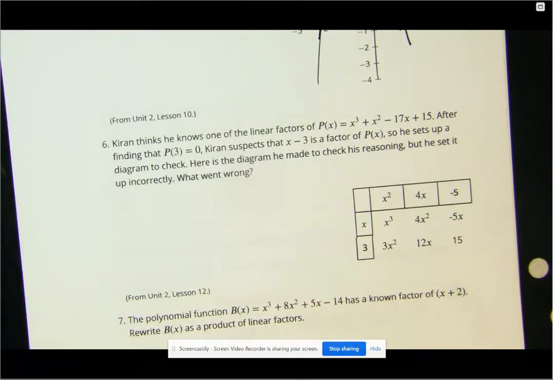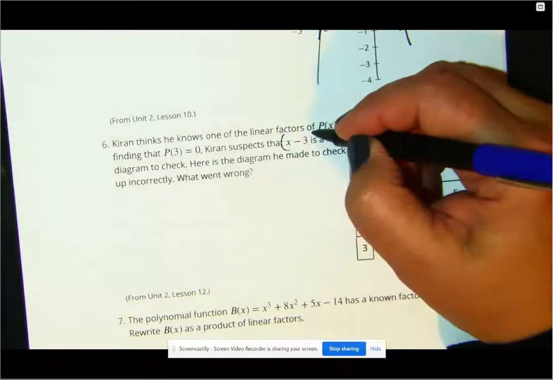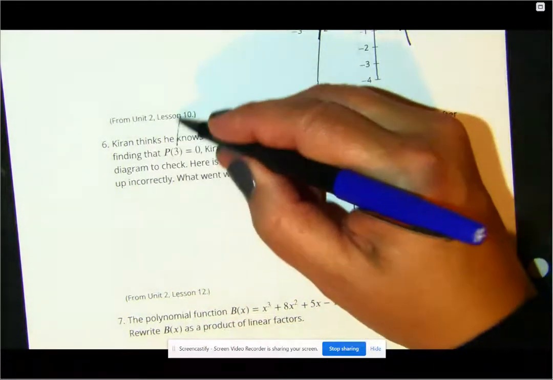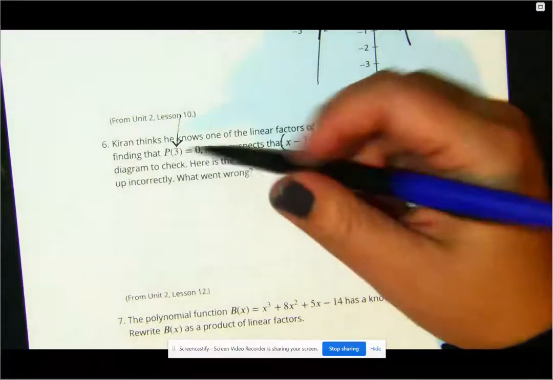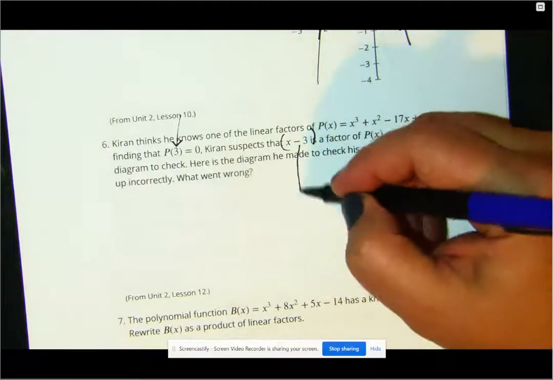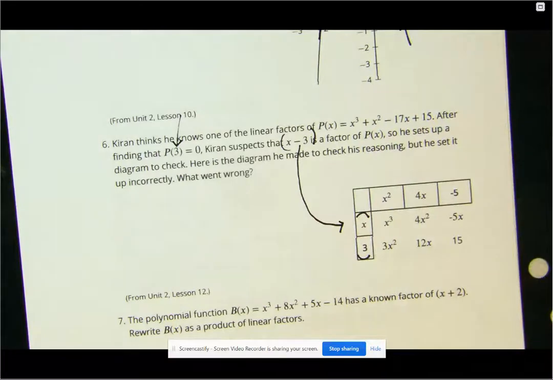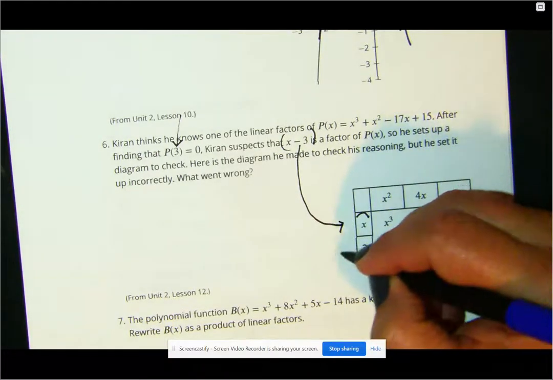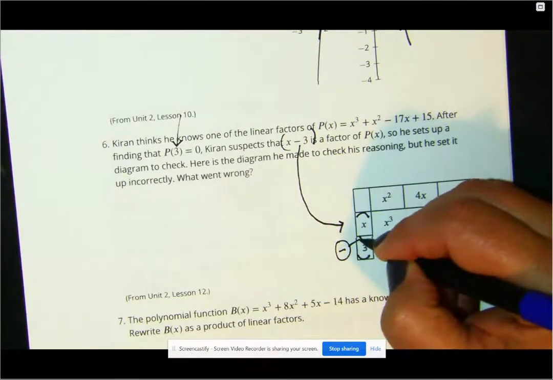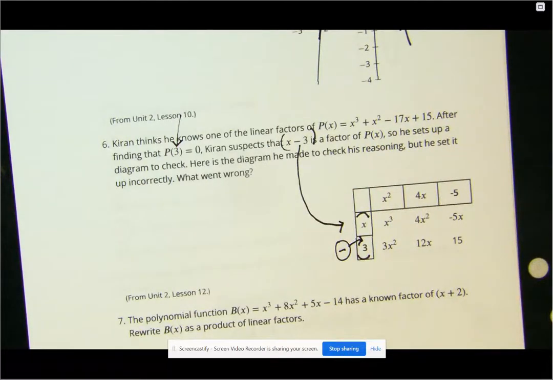Well, right here. I mean, x minus 3, I know 3 is the 0, but when you're doing the division, you put the factor, which should be x minus 3, not positive 3. So the mistake's right there. That should be a negative. That's why it didn't come out.